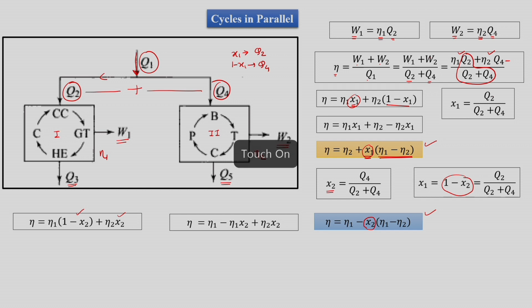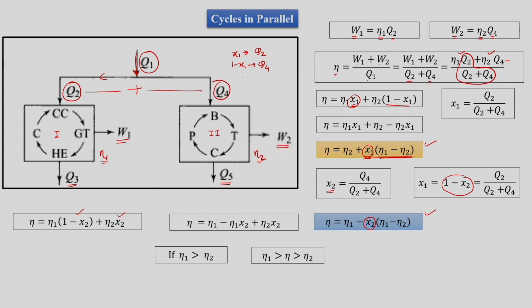So, let us analyze these two formulas. Let us say that eta 1, the efficiency of cycle 1, is greater than the efficiency of cycle 2. We can use this formula where the eta 1 minus eta 2 term comes into the picture. This leads to a positive number, but this is a fraction, so it will be less than 1, and since it is less than 1, eta is not going to be greater than eta 1.